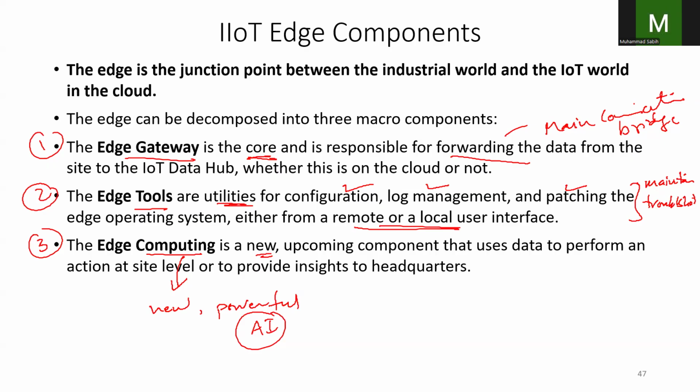It can trigger immediate actions based on the analytics and send insights directly to the central system without waiting. This is the important thing: without waiting for the cloud. The cloud may come into play its role, but the edge still does its job without waiting for the cloud.